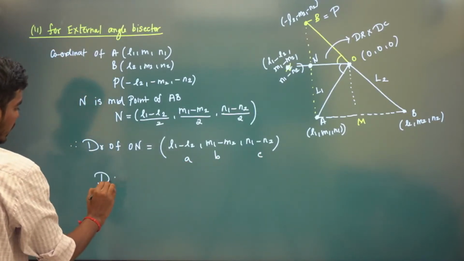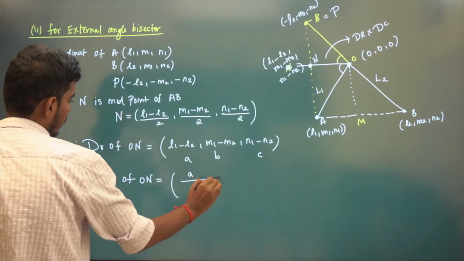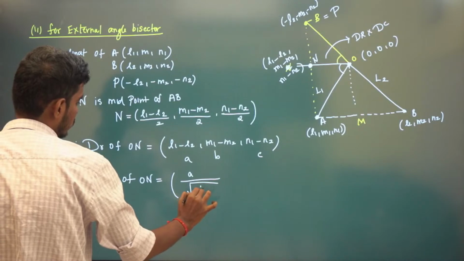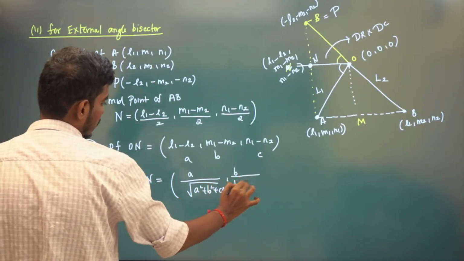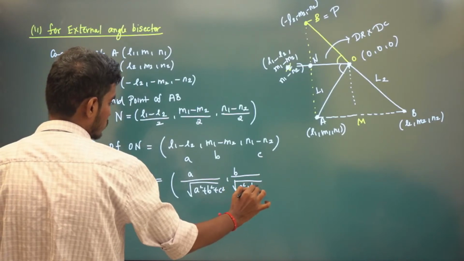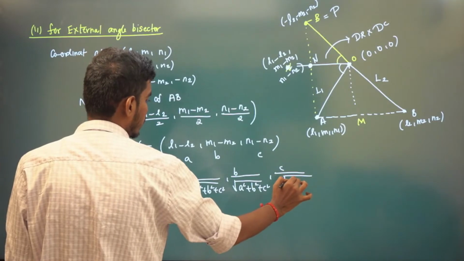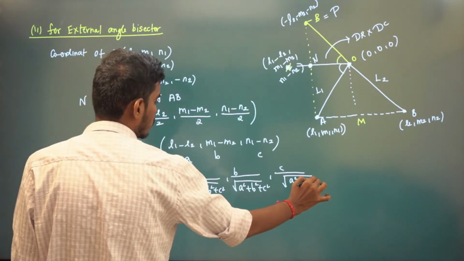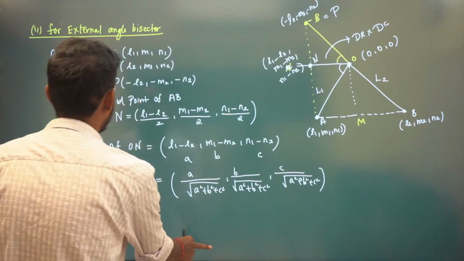Now what about the direction cosine of ON? It is A divided by root of A square plus B square plus C square, B divided by root of A square plus B square plus C square, C divided by root of A square plus B square plus C square. Now find the value of A square plus B square plus C square.